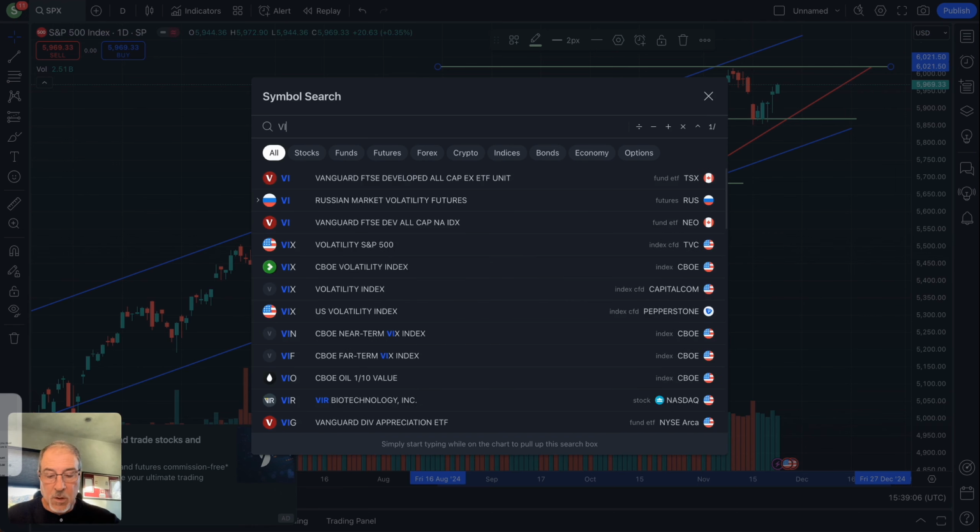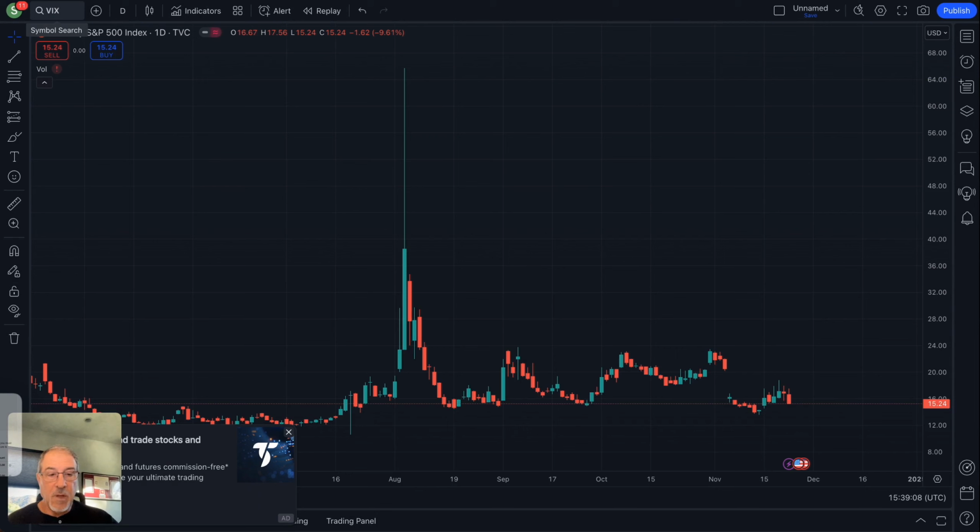Now let's take a look at the Volatility Index, the VIX. Another thing we see here that leans toward a bullish reading is that while VIX was elevated when we had a slight pullback a couple days ago, VIX is back down now almost to all-time recent lows. Volatility is a sign of fear in the markets.